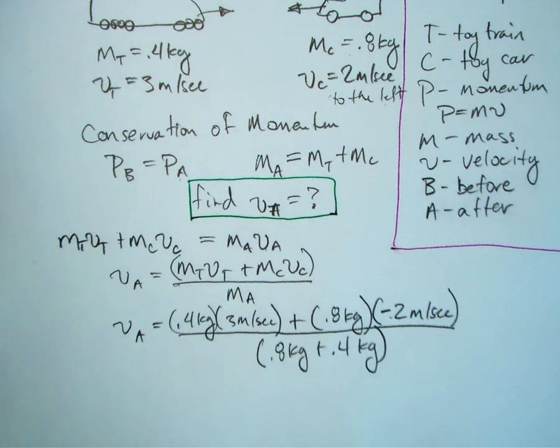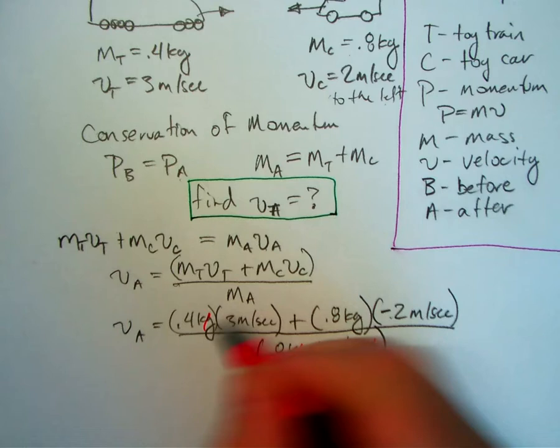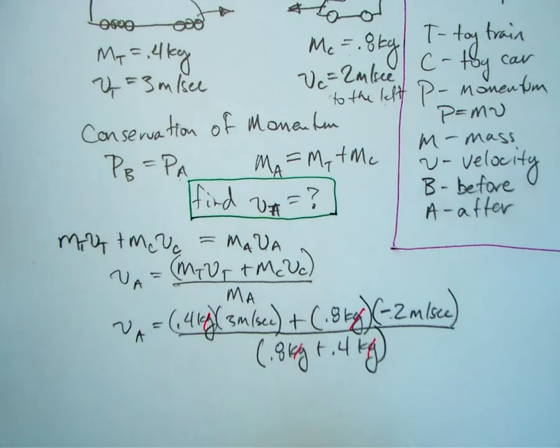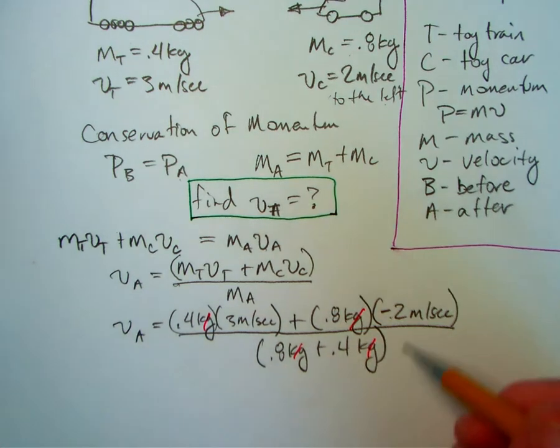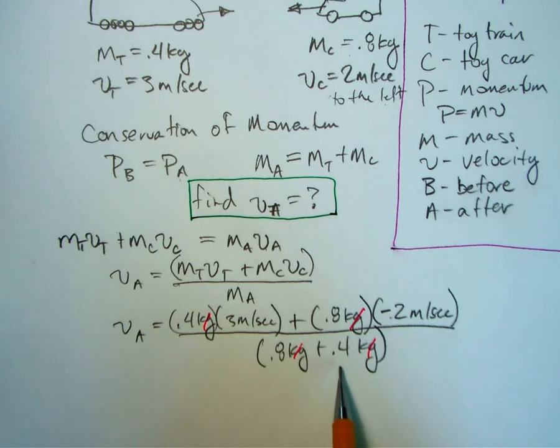Now if we look, those kilograms are going to divide out through the entire problem. So all we have to do now is take our calculator, multiply 0.4 times 3, 0.8 times negative 2, and divide that by 1.2.